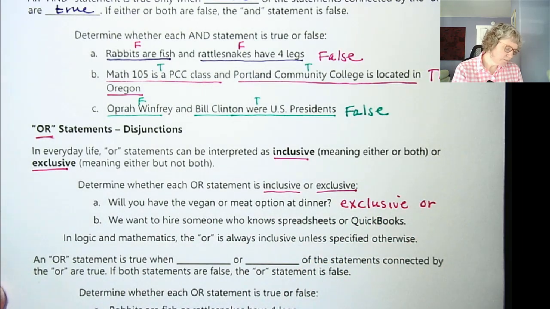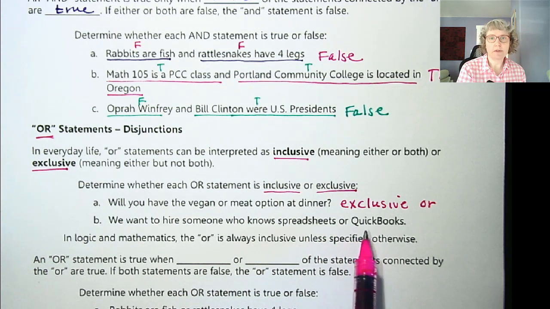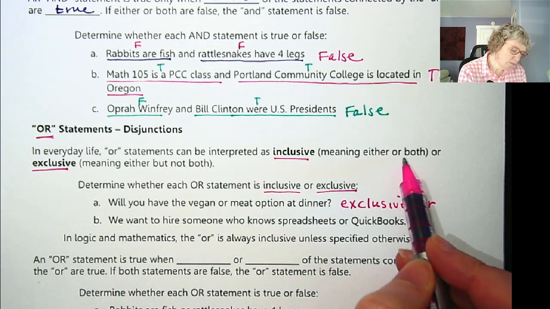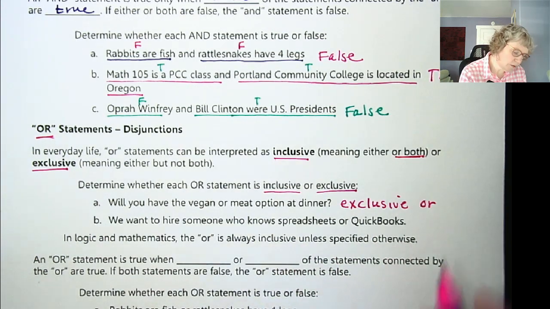We want to hire someone who knows spreadsheets or QuickBooks. Now they want someone who knows either one of these, but could someone know both? And would that be okay? Yeah, I think having both skills would probably be even better. So this means either or both. So this is an inclusive or.